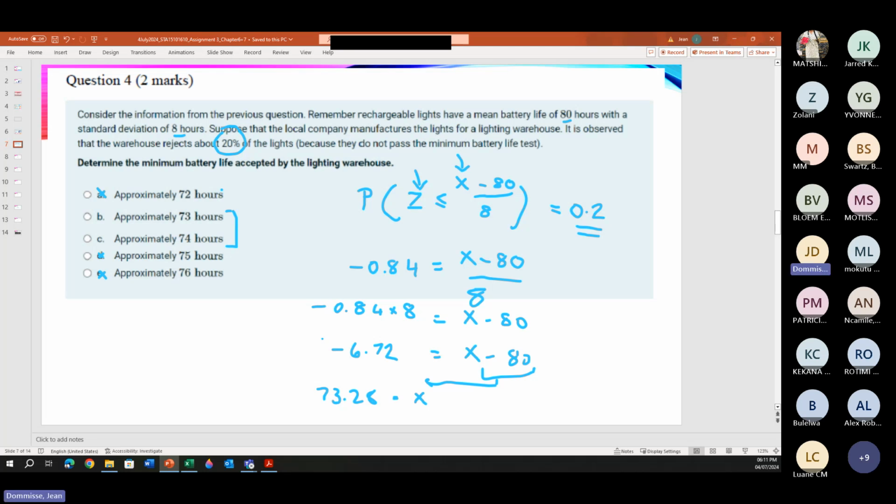I don't like these ones where it's so close, because by nature I want to say 73 because I round it off to the nearest hour, but because it is a bit more than 73 hours, is it not then supposed to be 74? Okay, so if anybody has done this one, please let me know what the answer is.